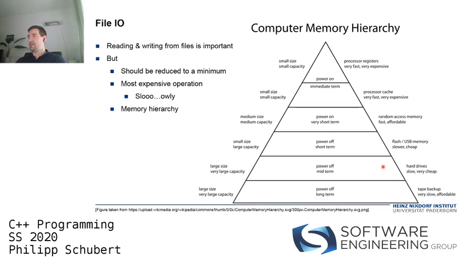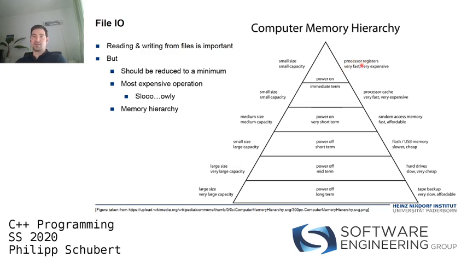We have a memory hierarchy here, which is taken, I believe, from Wikipedia. Within your machines, you have different kinds of memory, right? The fastest memory, also of smallest size, where you only have very few bytes, are the processor registers.